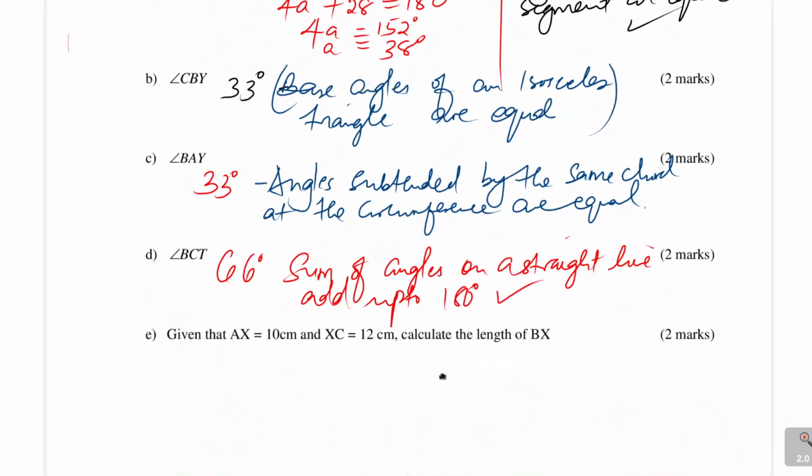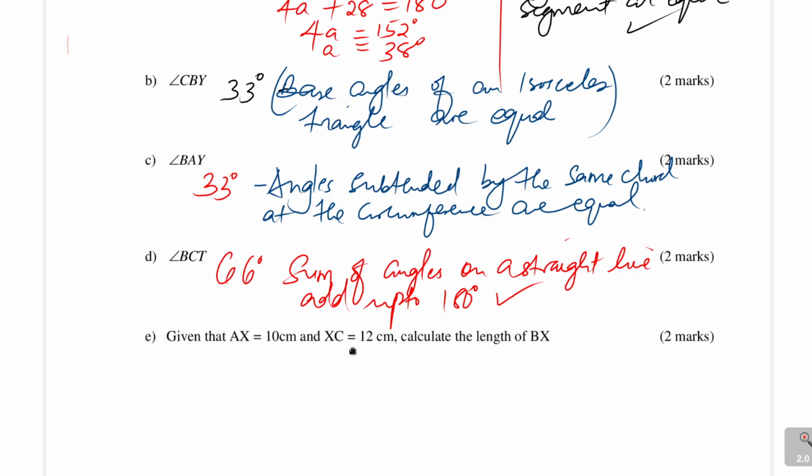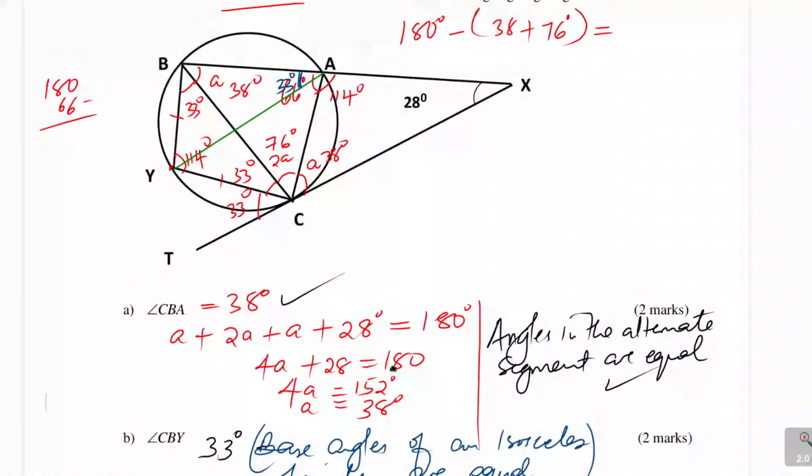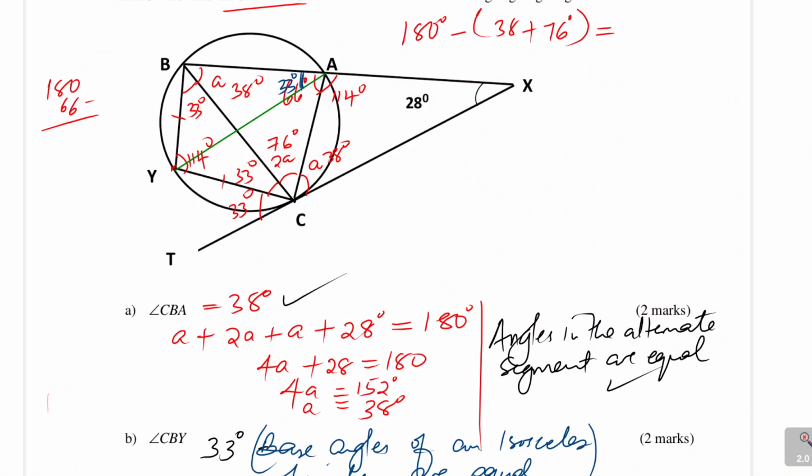Given that AX is equals to 10 and XC is equals to 12, calculate the length of BX. So AX is 10. AX is here, it is 10, and we are also given that XC is 12. XC, this is 12 centimeters, this is 10 centimeters.